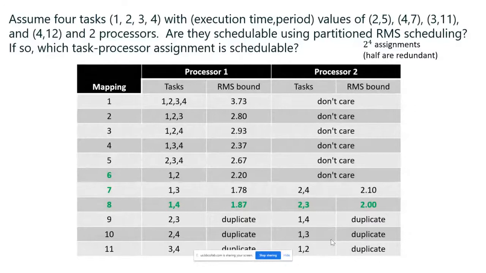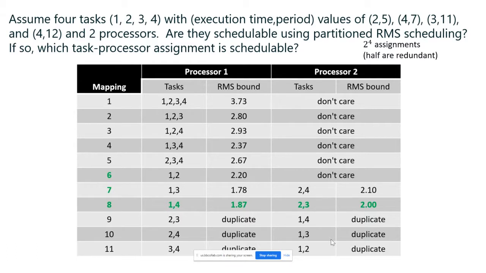Now, what about if you put 2 tasks on one processor and 2 tasks on the other processor? Well, if you put tasks 1 and 2 on one processor, you get an RMS schedulability value of 2.2. But if you put tasks 1 and 3 on processor 1, your RMS schedulability value is 1.78, which means you can schedule those. But now you have to also test if the other 2 tasks, 2 and 4, can be scheduled together on the other processor, and you get a 2.1 for that, which isn't so good.